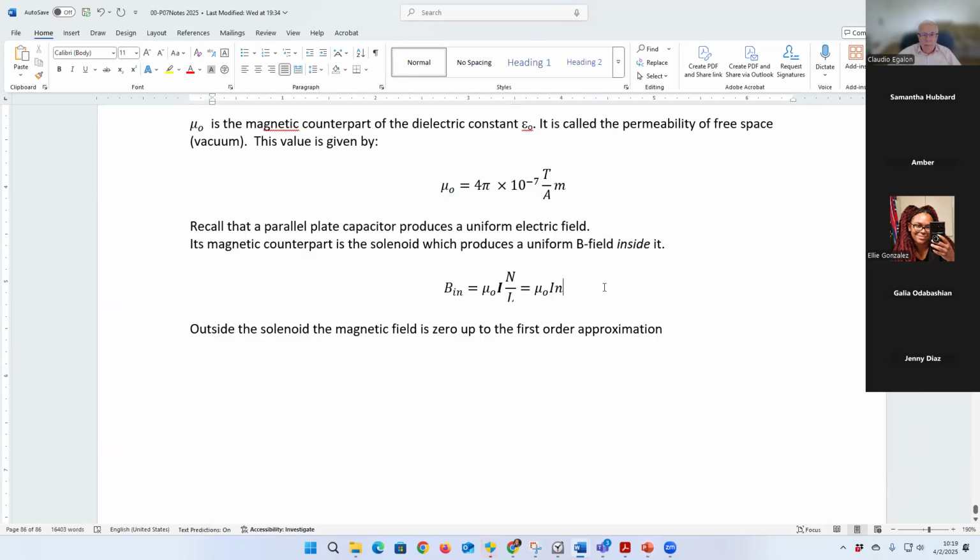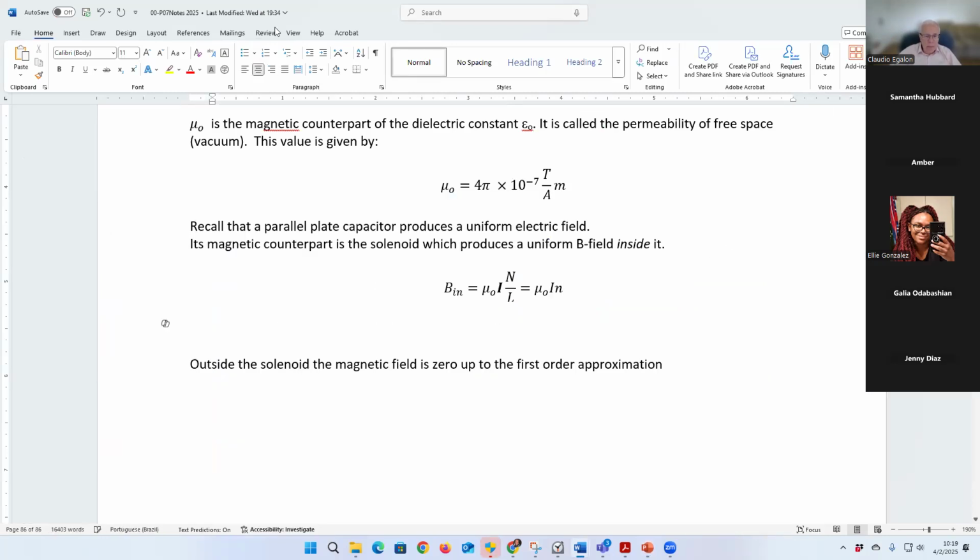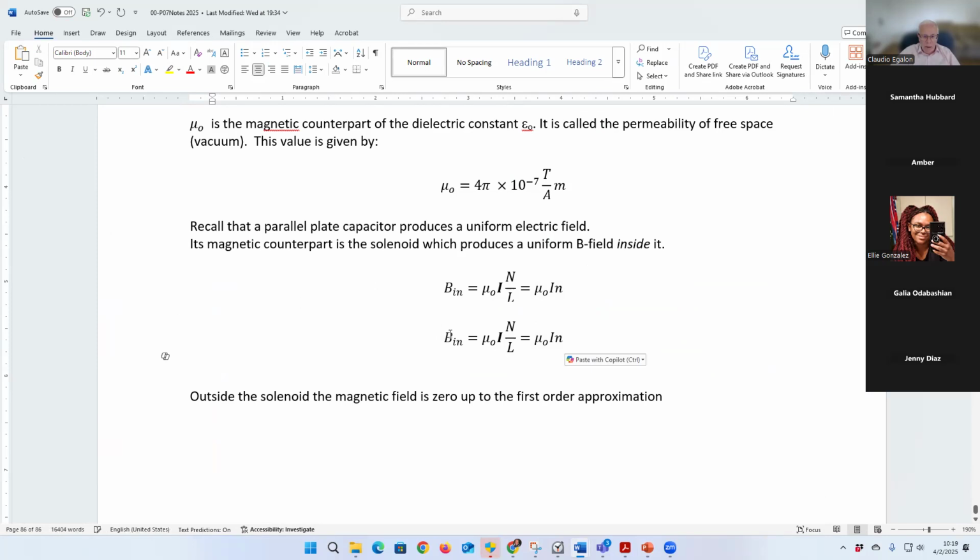And just as a reminder, do you remember the electric field of a parallel plate capacitor, right? Just like the electric field of a parallel plate capacitor, the electric field inside is uniform and the electric field outside is 0, right?